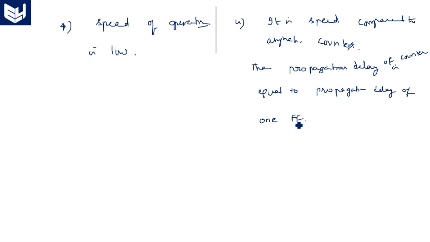That is the advantage of synchronous counters. But whereas in the asynchronous counter, as the number of bits increases, that means the number of flip-flops increases, the delay also increases because they are individually clocked. Okay, so these are the main differences between the asynchronous and synchronous counters.